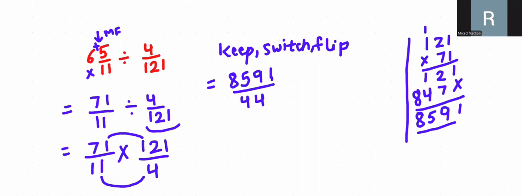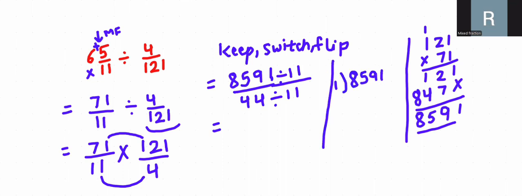So, is this the final answer? No, because 8,591 and 44 both come in the table of 11. So, we will divide the numerator as well as the denominator by 11. So, again we have to divide 8,591 by 11. 11 sevens are 77.